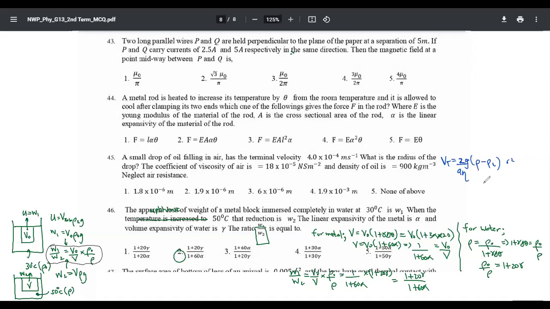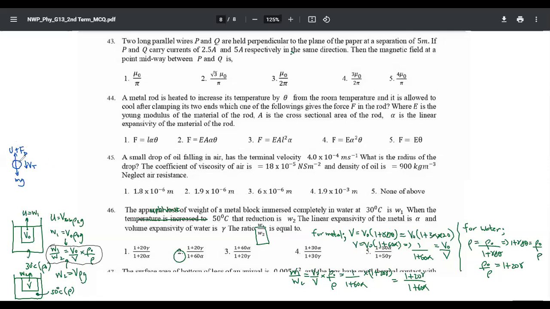All right, so it seems like some of you can't remember this equation. So let me quickly explain it from the basics. We know when the object is falling at terminal velocity, its weight should be equal to the upthrust plus the drag force.